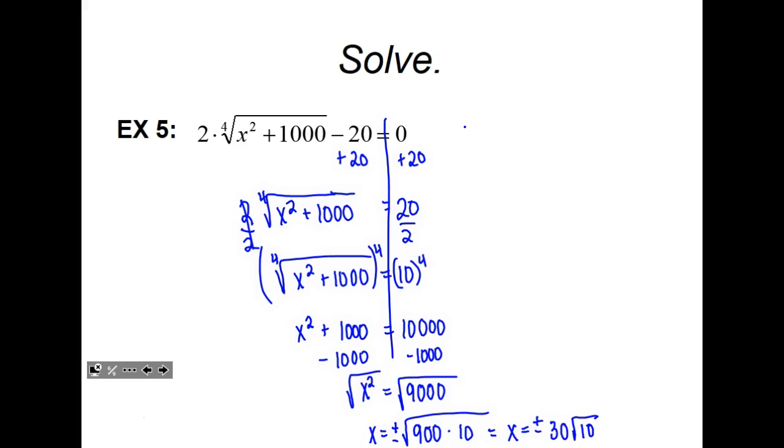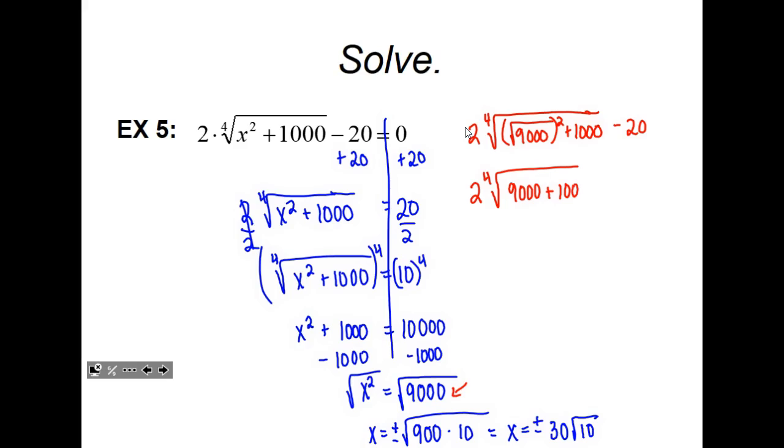Now, if we plug this back in to check, it's really a lot easier to use that square root of 9,000. So if we have 2 times the fourth root of the square root of 9,000 squared plus 1,000, minus 20, we will get 2 times the fourth root of 9,000 plus 1,000, minus 20.